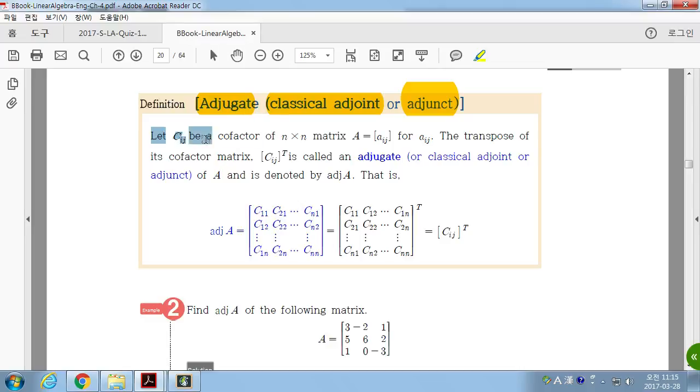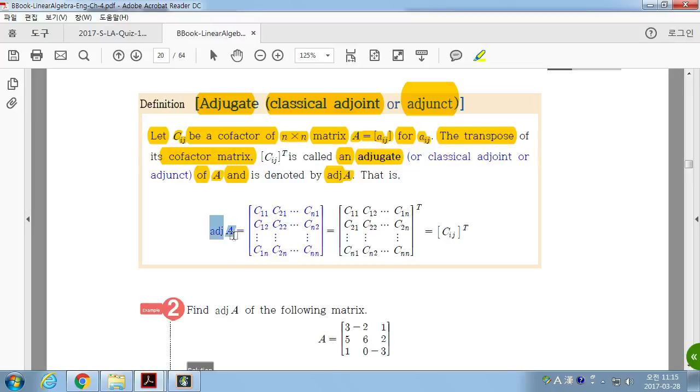Let C_ij be a cofactor of A for A_ij. Then the transpose of the cofactor matrix, whose ij entry is C_ji, is called the adjugate of A, the classical adjoint of A.